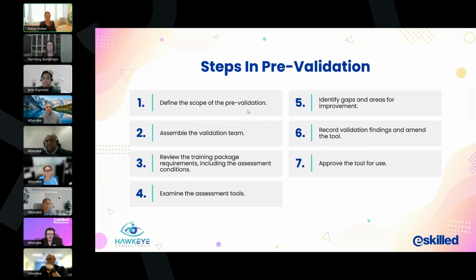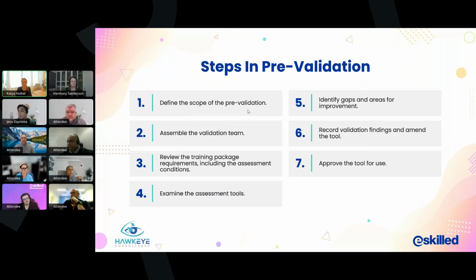So this includes looking at the assessment conditions as well as anything that's listed or might be listed in the contextualization implementation guides that are available from training.gov. Also considering any feedback that you've gathered, maybe through stakeholder engagement, such as industry, community, or even student feedback. So that can be informed into this validation process as well.